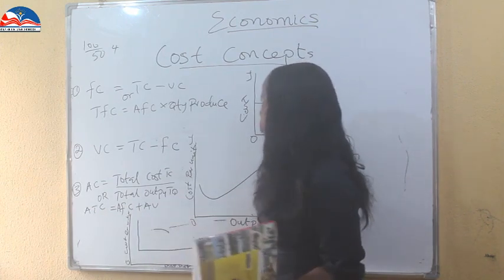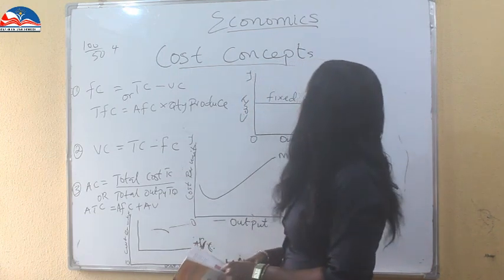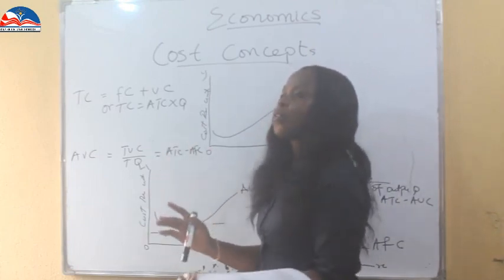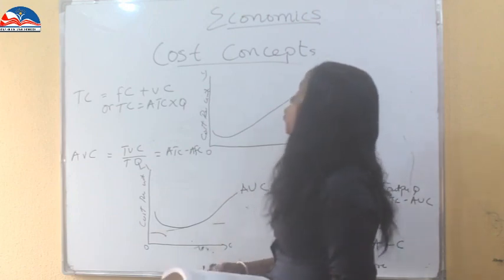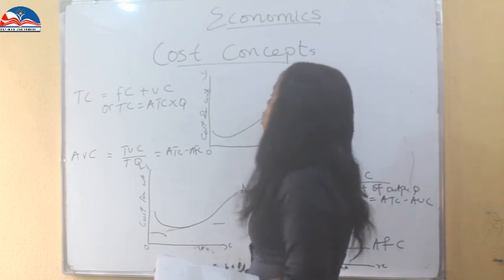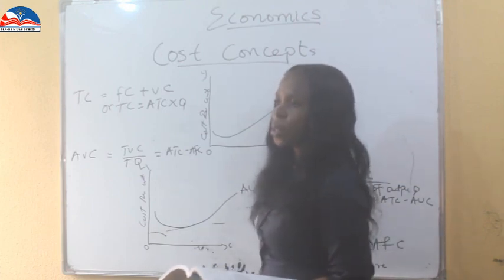Alright, now let's take another of our cost concepts. We have been computing our total cost using the formula that we took. So total cost is fixed cost plus variable cost, or total cost is equal to average total cost times quantity.